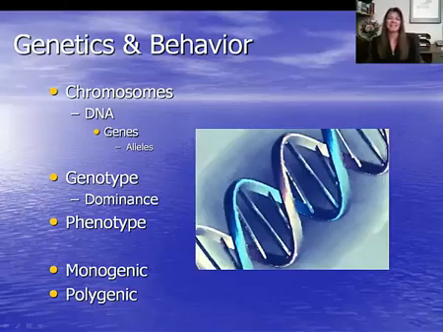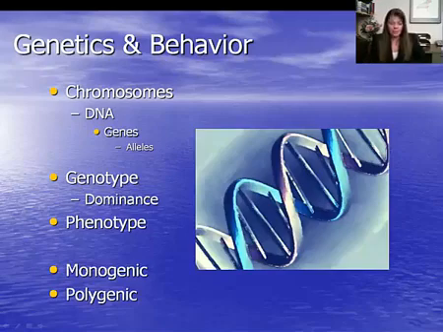Just the basics that you need to know in order to appreciate how we know what we know about the percentage of personality that's passed on genetically. Now, some terminology here. Your chromosomes are those thread-like structures that carry your DNA molecules.